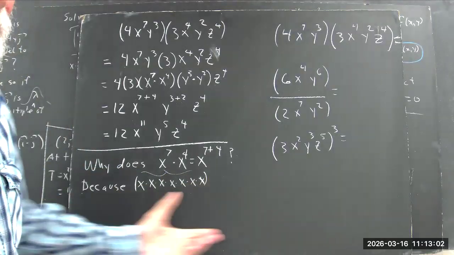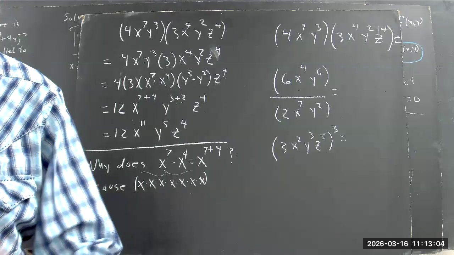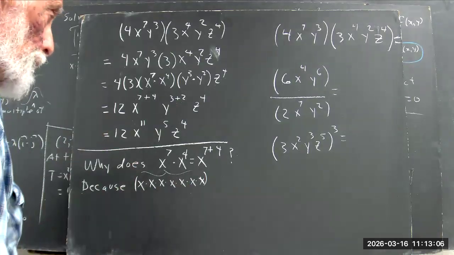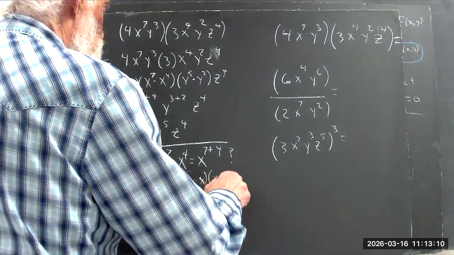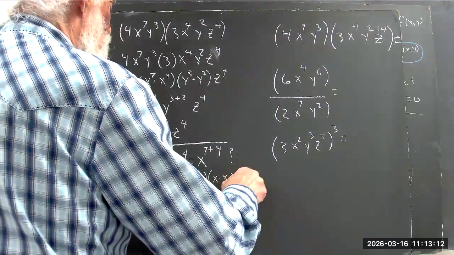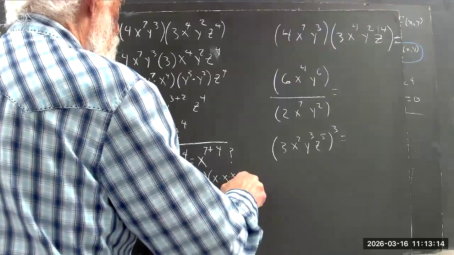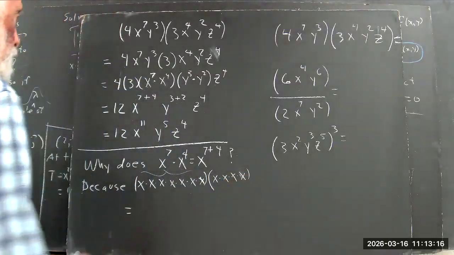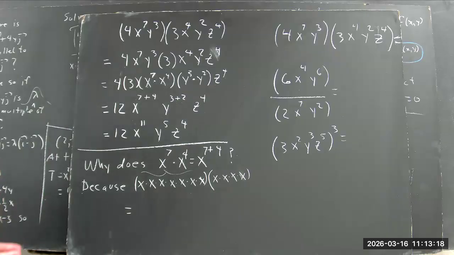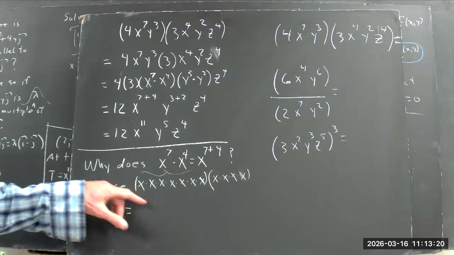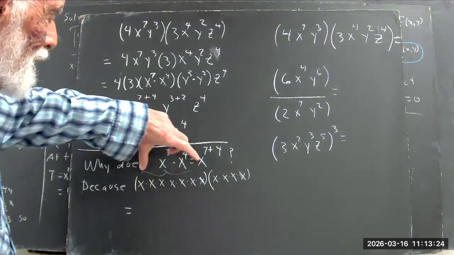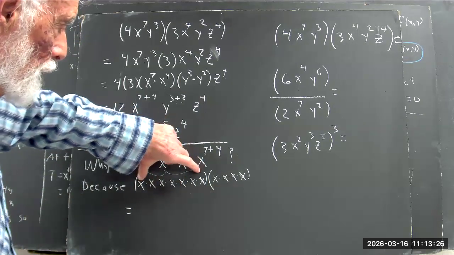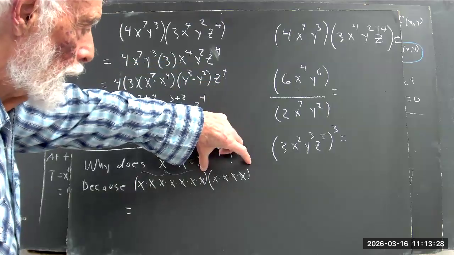I wrote 7 x's, dots in between them, put parentheses around them. Now multiply that by x to the fourth, that's x times x times x times x. And if I apply the usual rule, I can remove these parentheses. I don't need parentheses around the 7 x's or around the 4 x's.